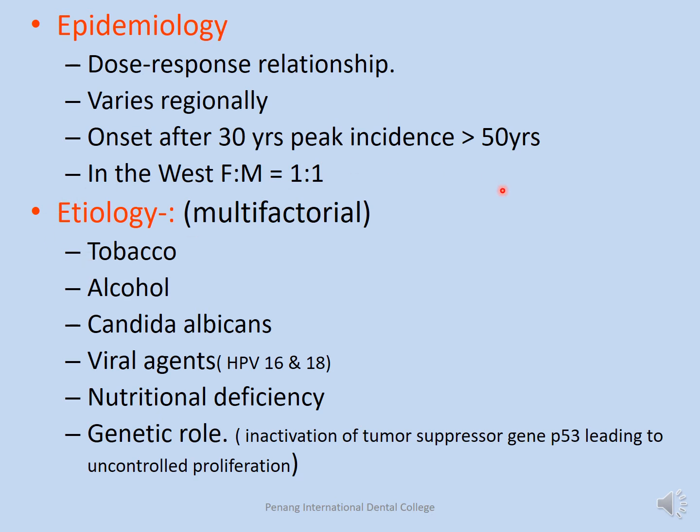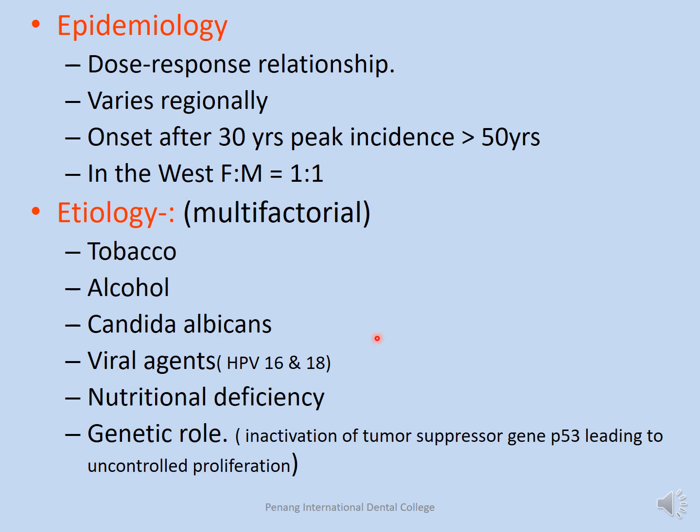The etiology is multifactorial. Tobacco, as I told you, has a dose response relationship. Alcohol acts as an adjunct here. Candida albicans in many cases also causes hyperplasia and leads to a lesion called candidal leukoplakia, wherein there are hyperkeratotic lesions that are secondarily infected with candida, and sometimes the long-standing candidal infection can cause dysplastic changes as well.